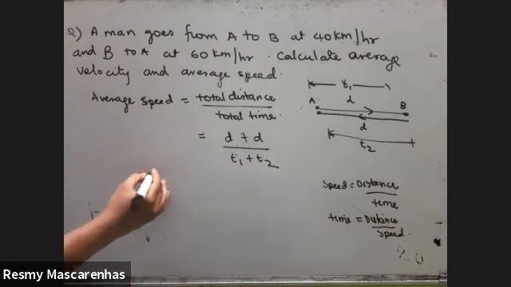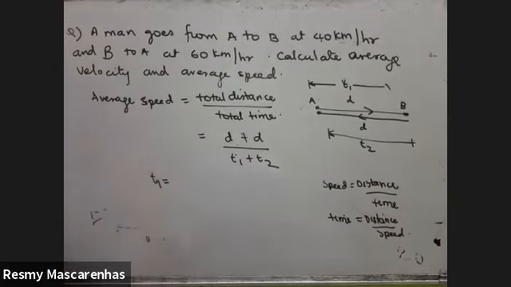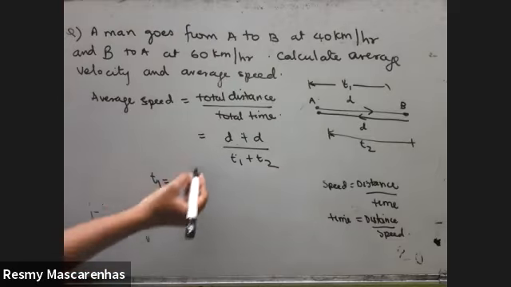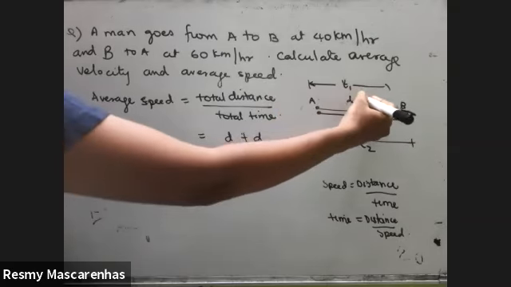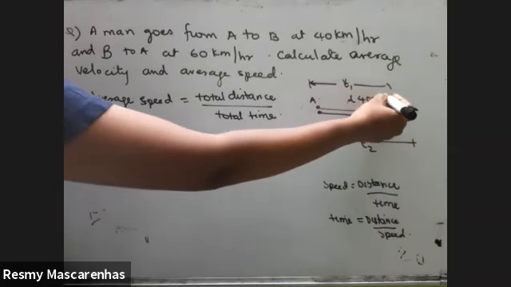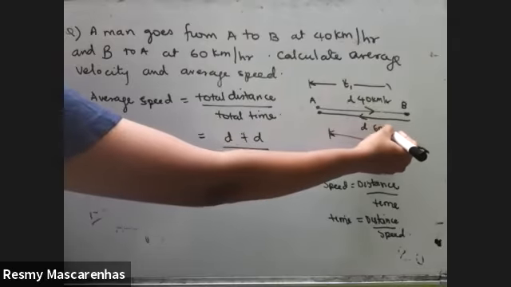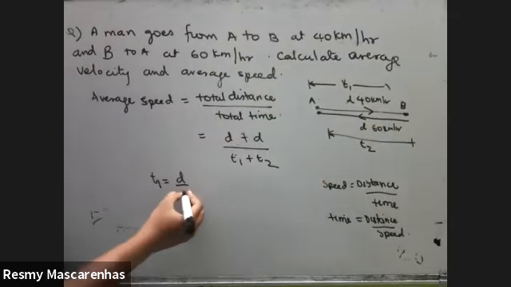So what will be t1? Distance is how much? d. What is the speed? For t1, this side it was 40 kilometers per hour, and here it was 60 kilometers per hour. So this would be d upon 40.